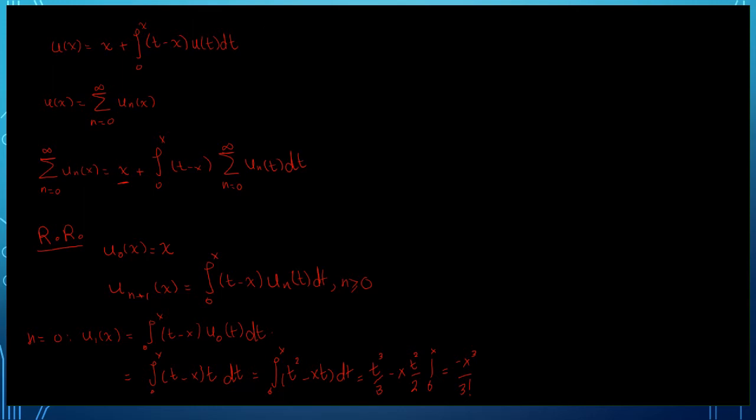if we get the next element when n equals 1, we can get u2 of x, which is going to be equal to the integration. Again, we are using this relation.